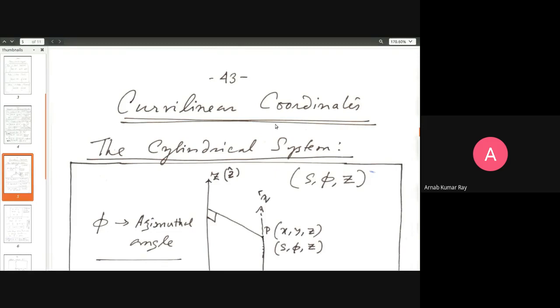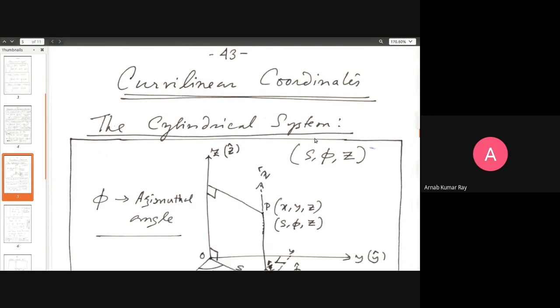Let us try to understand this, the curvilinear system of coordinates. So far, we have operated under the implicit assumption that the coordinate system we were using would be the Cartesian system, as in the XYZ system.